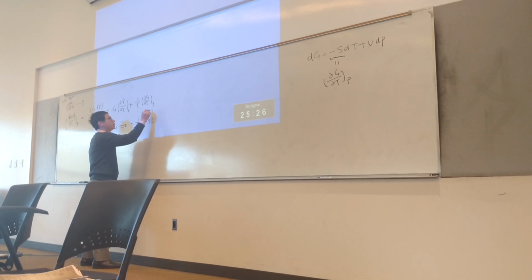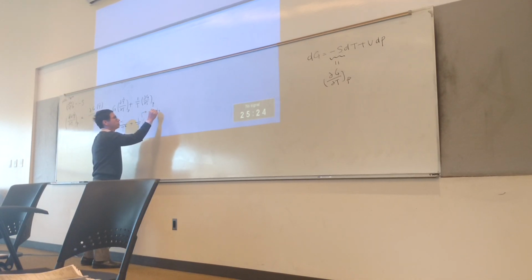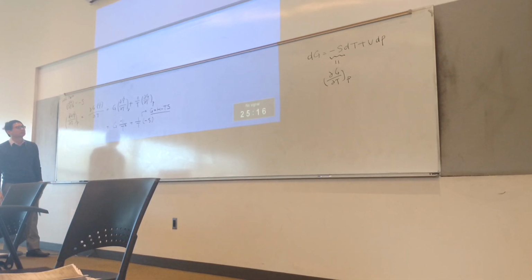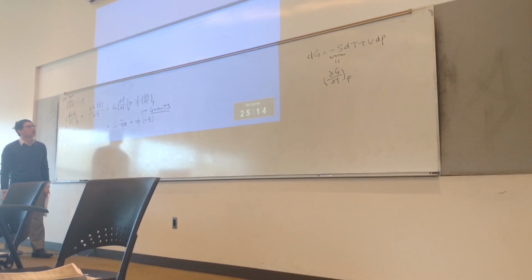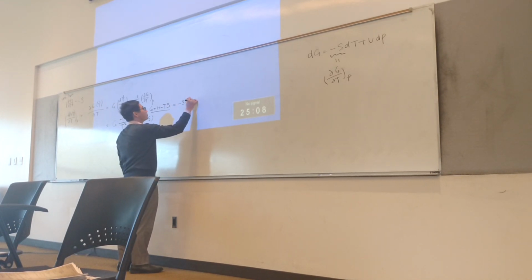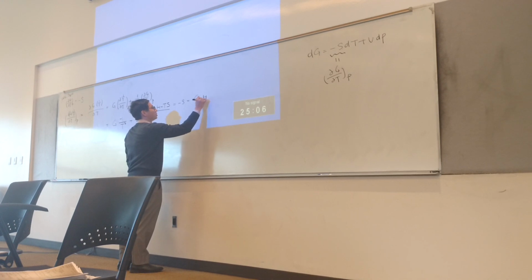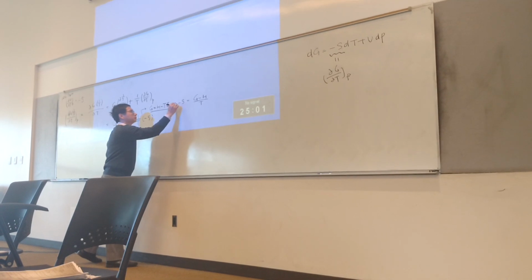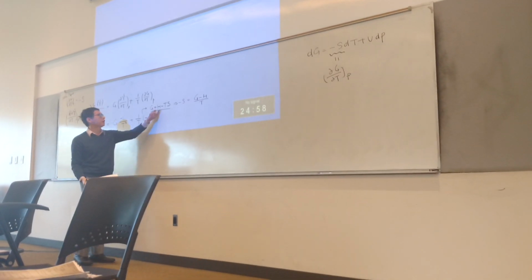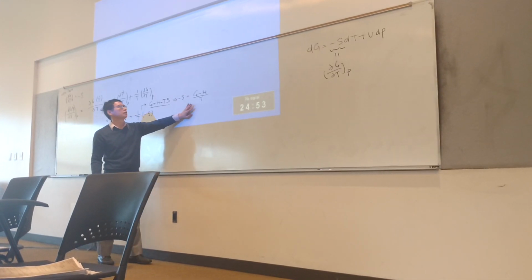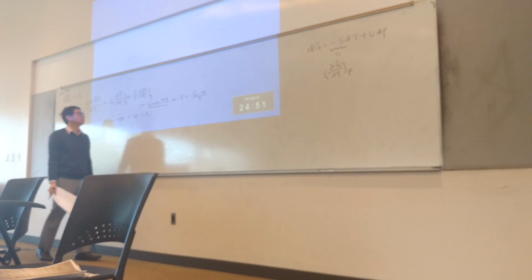So negative S, we know G is equal to H minus TS. So negative S is going to be equal to G minus H over T. I move H to the left and divide by T. On the right hand side, I'm going to have negative S, on the other side, G minus H over T.